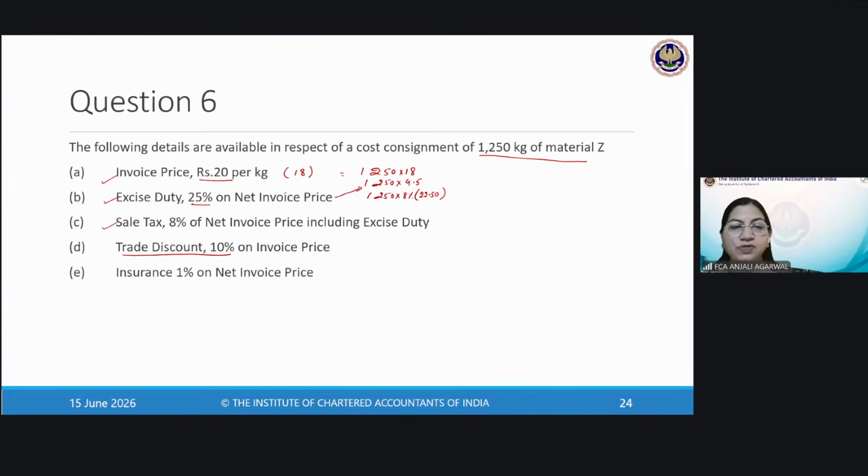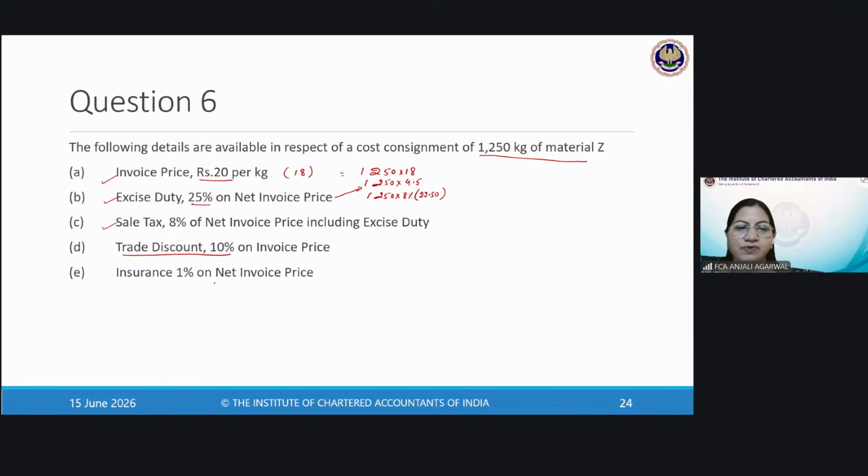However, if these duties or taxes were available as credit, like you get a GST input tax credit, in that case, you will not add it. But if you are not getting any credit, then this becomes part of your cost.